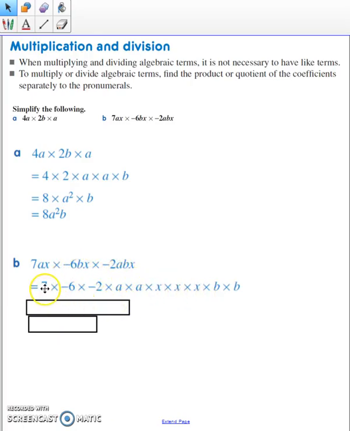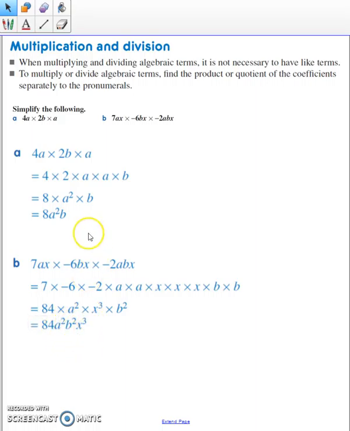So 7 times negative 6 gives us negative 42, times a negative 2 gives us 84, times the a's, so a squared, this is back to our indices guys, x to the power of 3 because we've got 3 x's, and b to the power of 2. Finally written without the multiplication signs, that gives us 84a²b²x³. So that's how we do the multiplication ones.